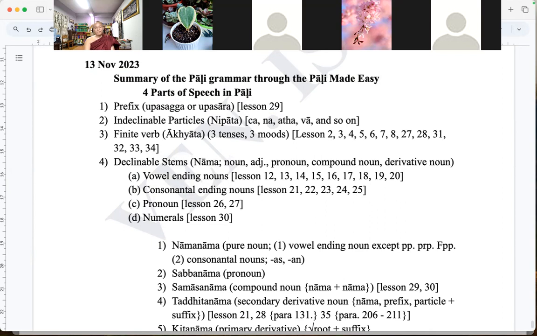So how can we approach the translation of the three suttas, Bante? For example, we read the sutta in Pali, the Dhammacakkappavattana Sutta, and then we do the translation.